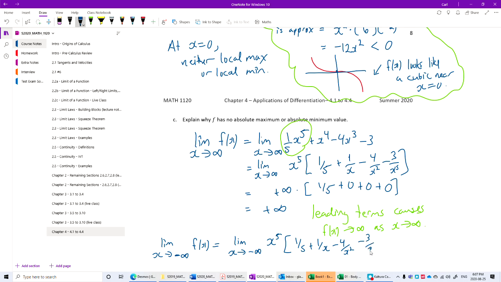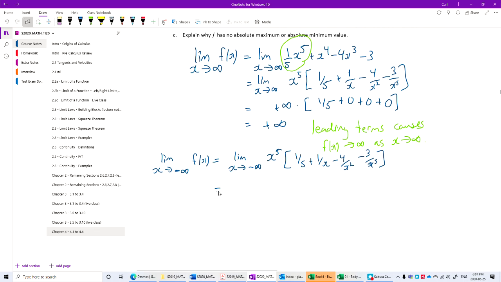And what happens here? Well, x to the power of 5 is an odd power, so it'll be negative, negative, negative, negative, negative, which is negative times 1/5. So that's negative infinity. So it can't have an absolute max or absolute min because it just keeps going larger and larger in both directions.